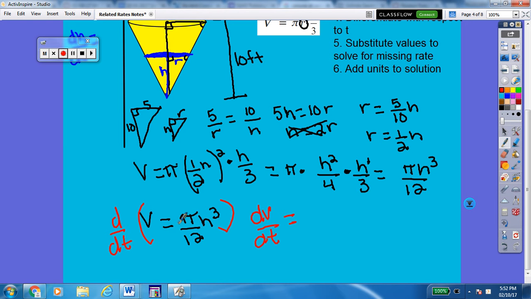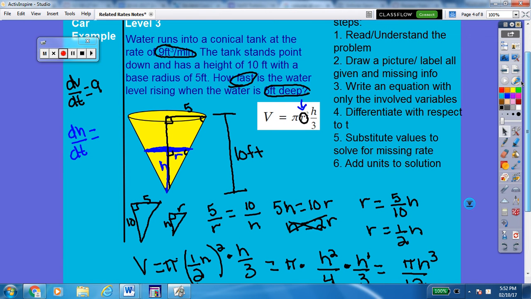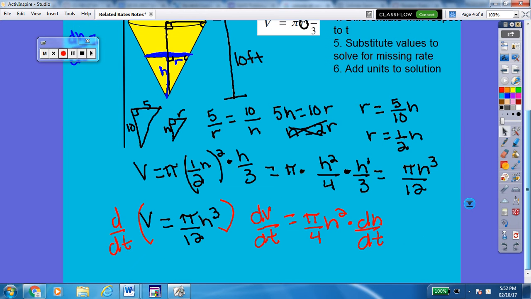So this is really going to be 3 over 12, which reduces to pi over 4 h squared times dh dt. Now h was given at the beginning in the problem. It says how fast is the water level rising when the water is 6 feet deep, so that's going to be h, and dv dt was 9. So h is 6, dv dt is 9.